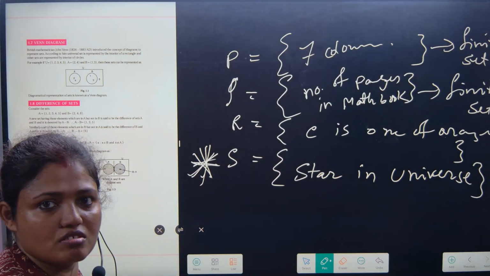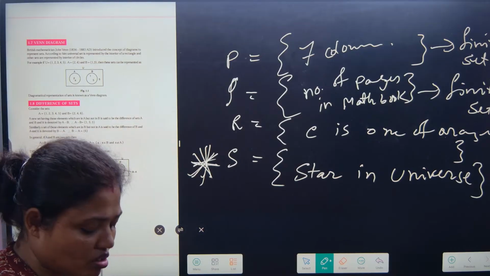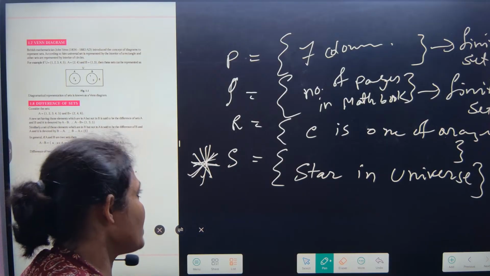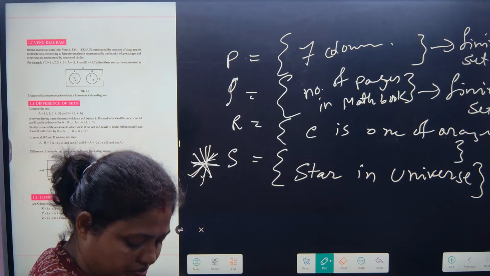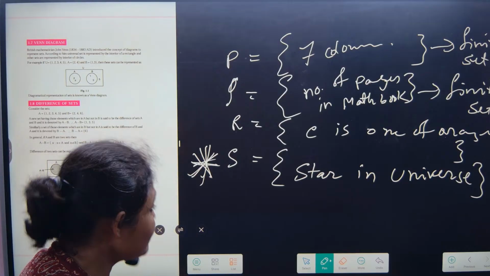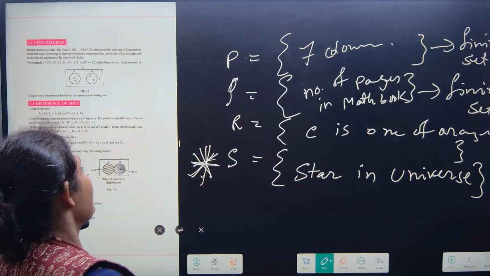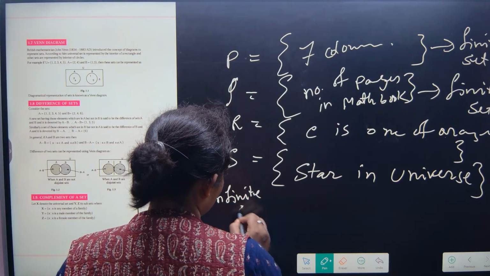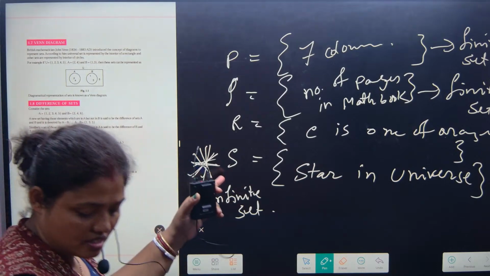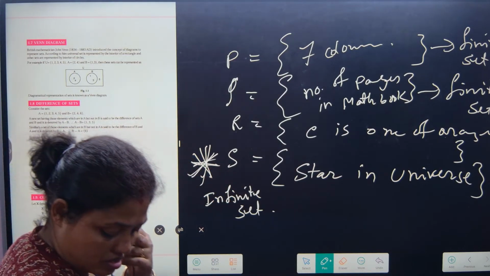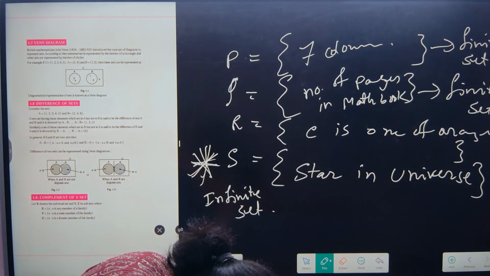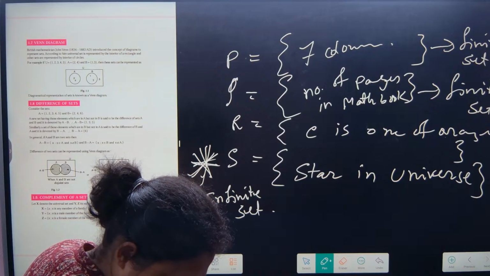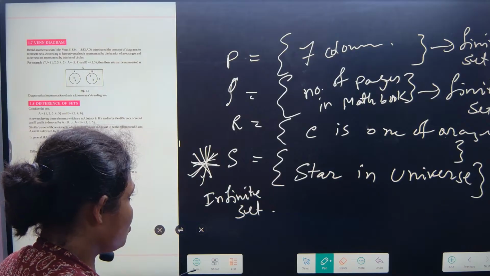Let us take some seconds. Okay, look, stars in the universe. Can you count the stars of the universe? Check it. So these three are finite, so S is the set that is not finite. They are asking which of the following sets is not finite. Okay, so we are done.